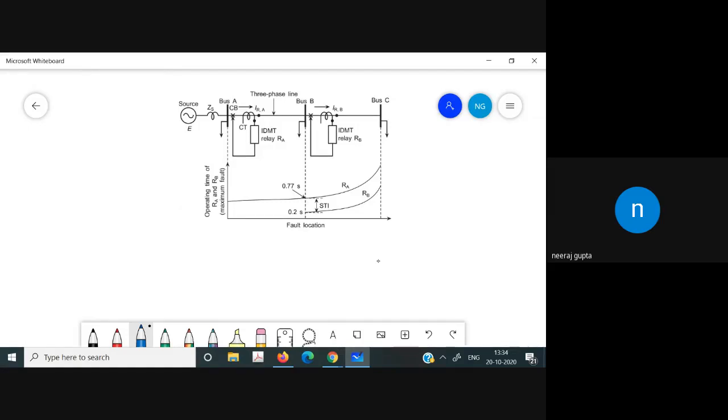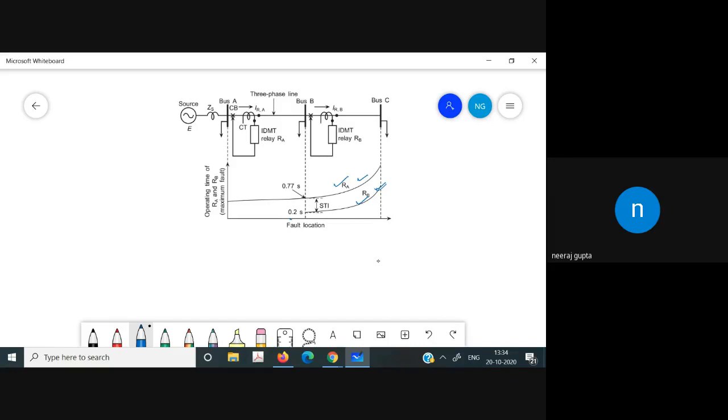Here you can see that the selectivity is maintained between RA and RB. This is the curve of relay RB, and this is RA, and this is the time for that, and this is the selectivity between the two. So in this case, the selectivity is maintained.